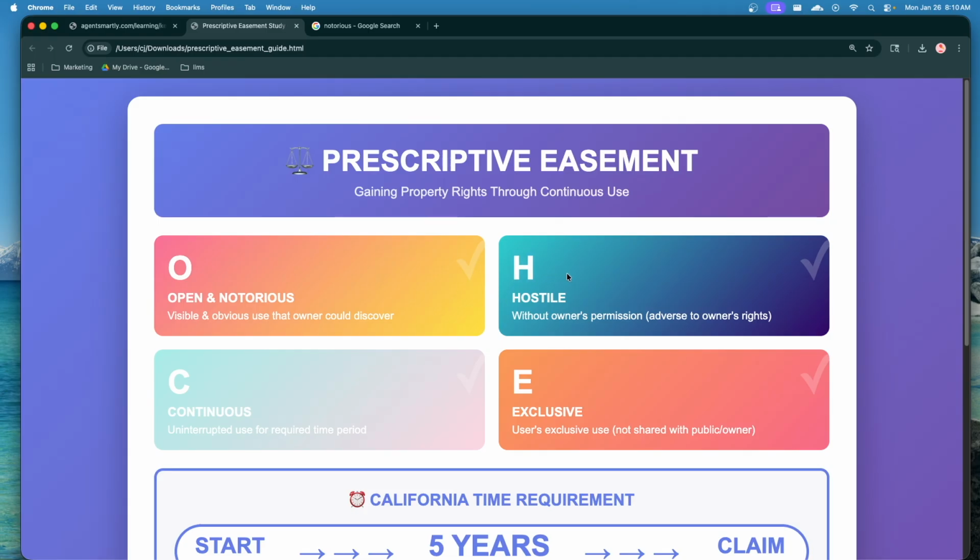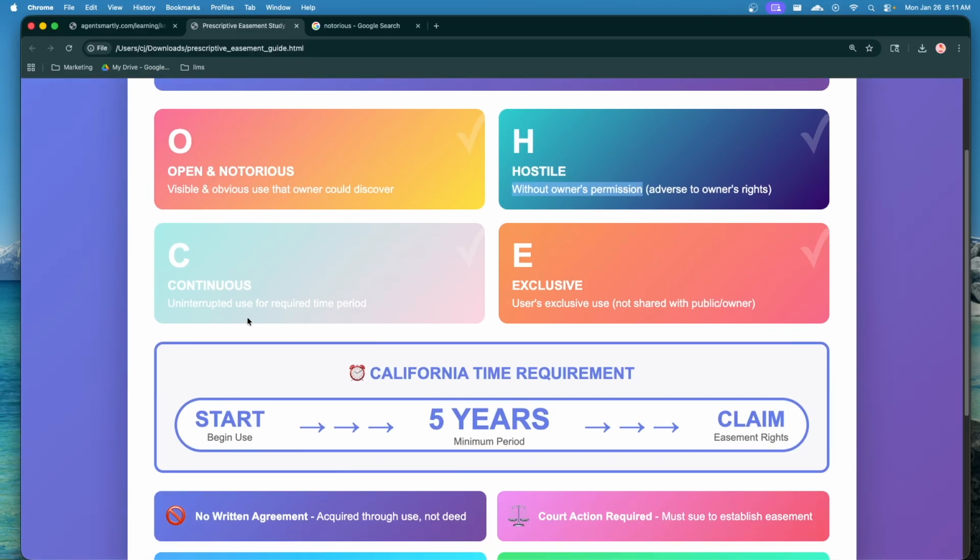And hostile means simply without the owner's permission. And continuous, the C, is for a time period. It's not just for one day or a couple of months. No, usually it's for years. And exclusive, the user uses it exclusively, not shared with the public or the owner, just you, okay? The private person.